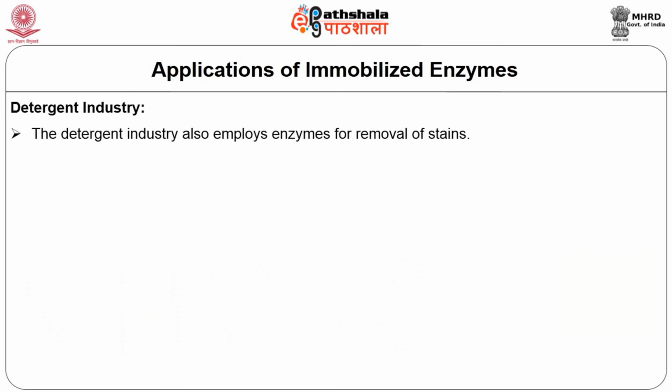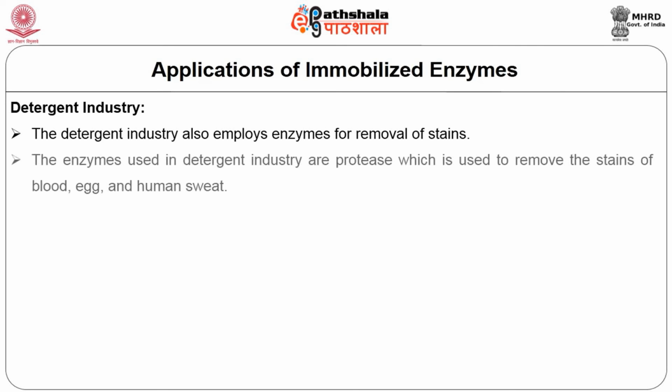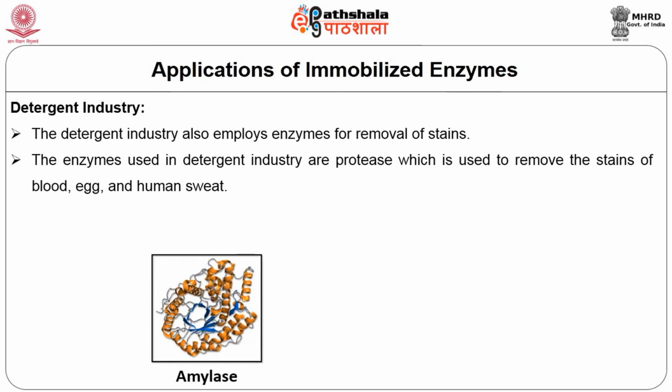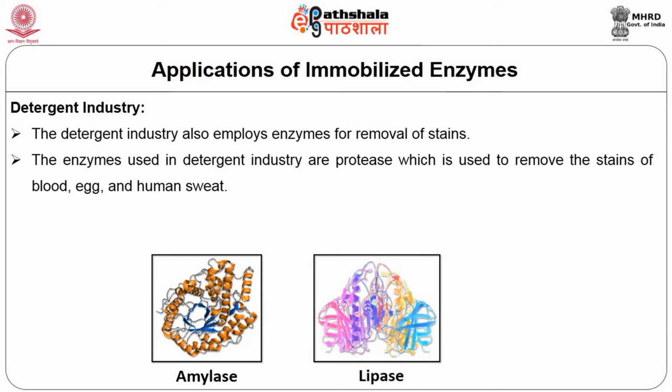The detergent industry employs enzymes for the removal of stains. The enzymes used in the detergent industry are proteases, which are used to remove the stains of blood, egg and human sweat. Amylase is used to remove starch-based stains like potatoes, gravies and chocolate. Lipases are used to remove the stains of oil and fats and also to remove the stains in collars.